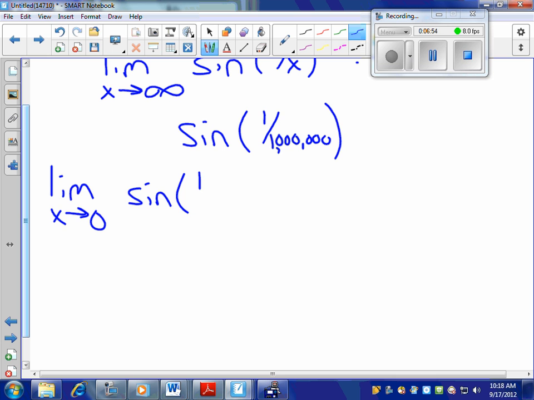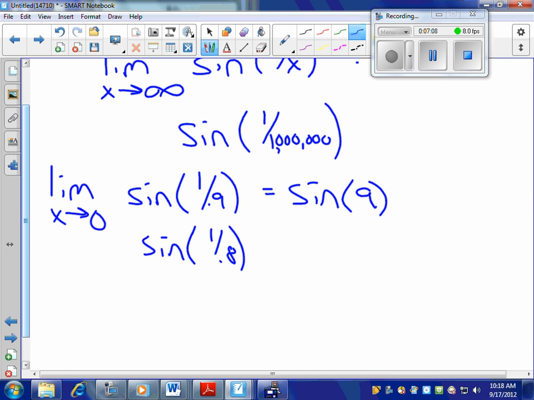And I'm saying if we plug in 0.9, what is 1 over 0.9? About 1.1. And if we do sine of 1 over 0.8, what is 1 over 0.8? 1.25. You're starting to get larger values, right?